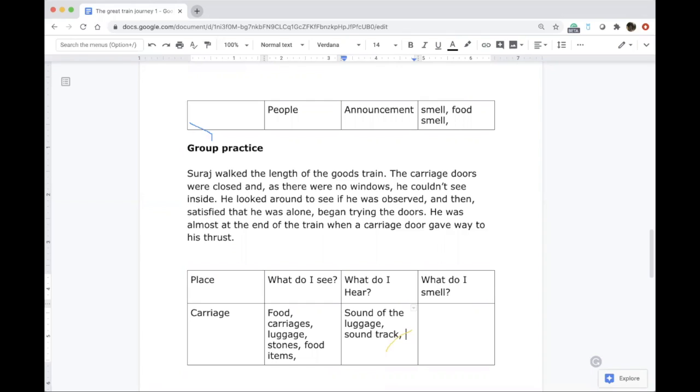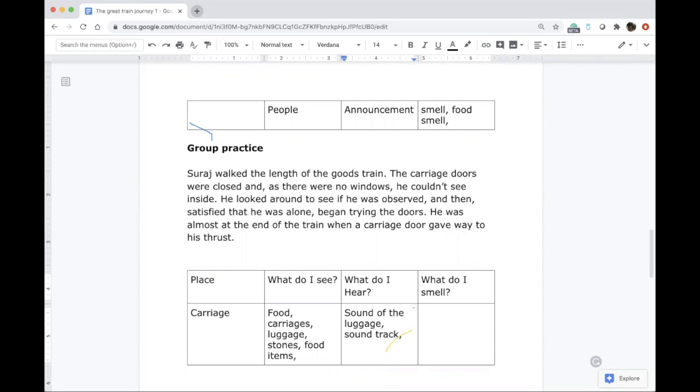Do you have an example? Sir, can I answer? I will take an example first and then I will ask you. Srinivas, you have an example? Yeah, sir. There is not just one train, there are a lot of trains, so one train is moving. That's why there's a sound of trains.